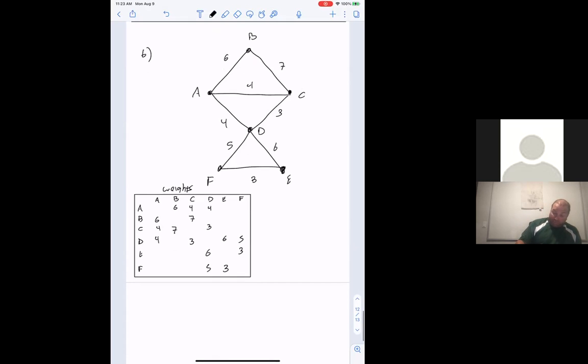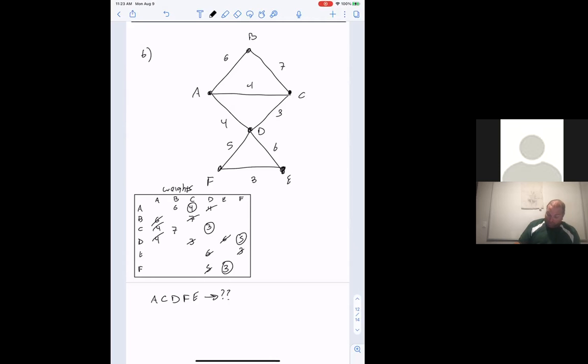Well, if we try to use the algorithm here, we start at A, cross out the A's. A goes to C or D, let's say C. Cross out the C's, C goes to D. Cross out the D's, D goes to F. Cross out the F, F goes to E. Cross out the E, and then E's got nowhere to go.